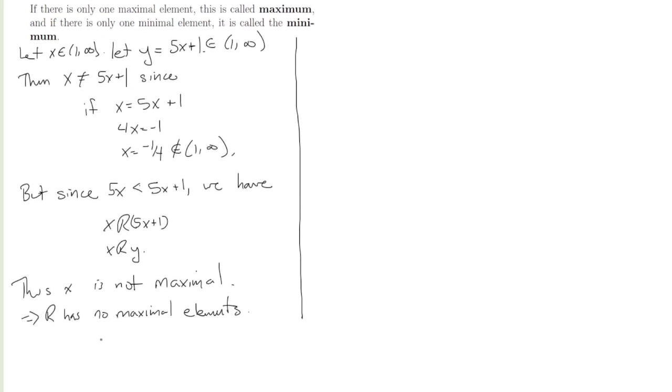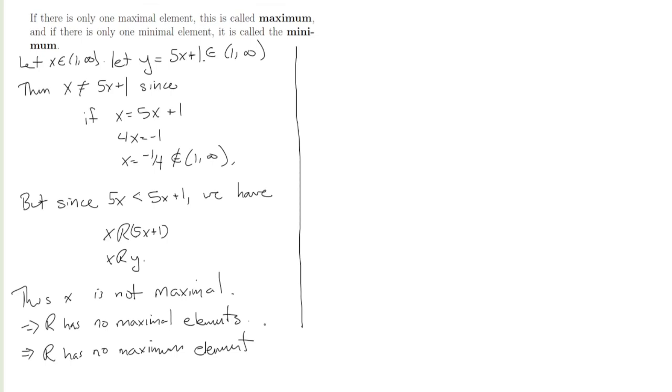Oh, by the way, if there's no maximal elements, we can conclude one more thing. R has no maximum element, right? There's only a maximum if there's exactly one maximal element. And since there's no maximal elements at all, there's no maximum.